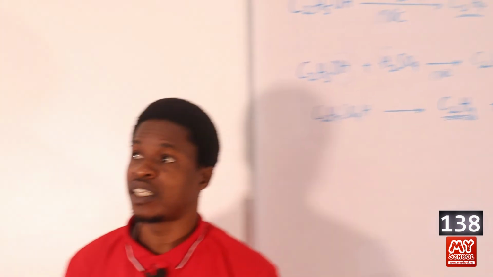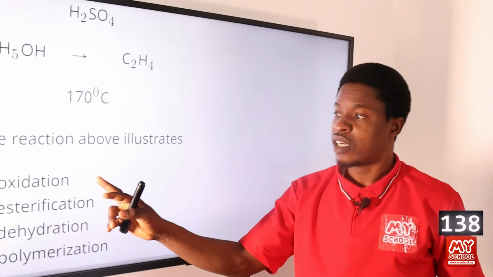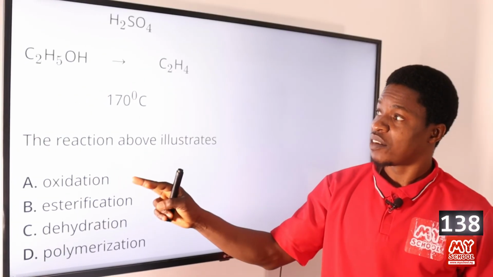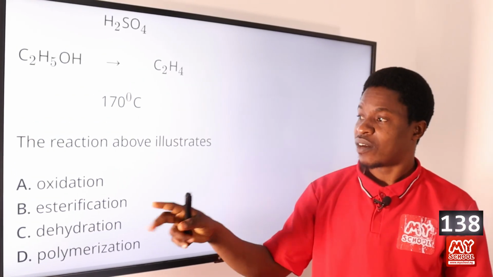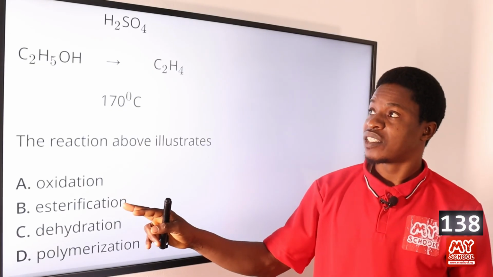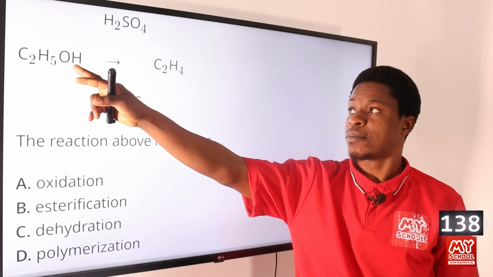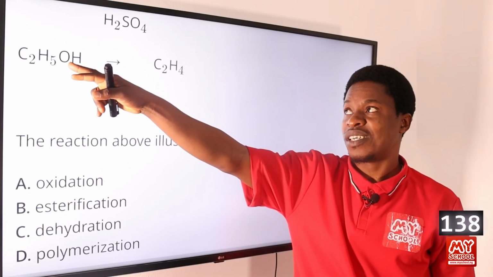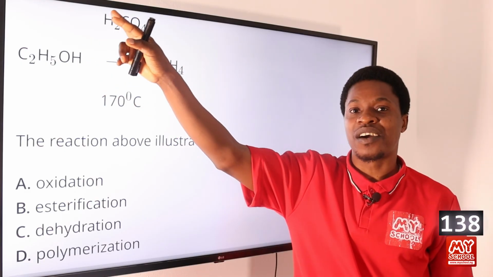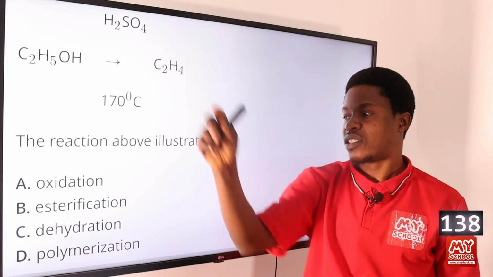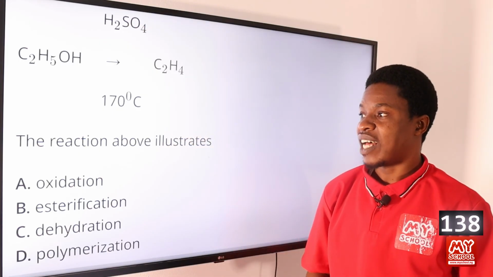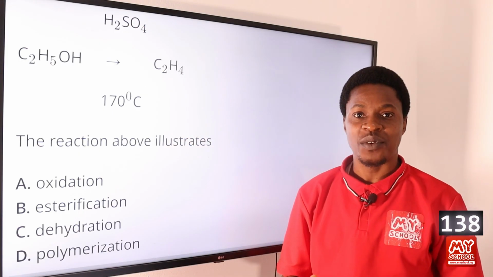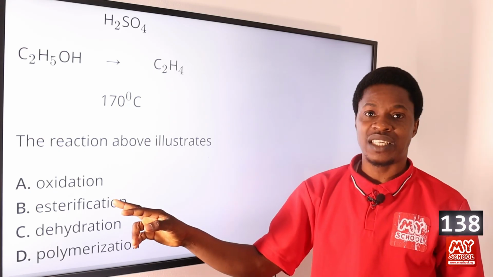Let's move on to the screen. Option A says oxidation. Oxidation is not correct because we are not adding oxygen there. Okay, we have esterification. There's no ethanol reacting with alkanoic acid, even though this is an acid. Ethanol reacts with this acid, but this is conc H2SO4. It is not an alkanoic acid, so it is not esterification.